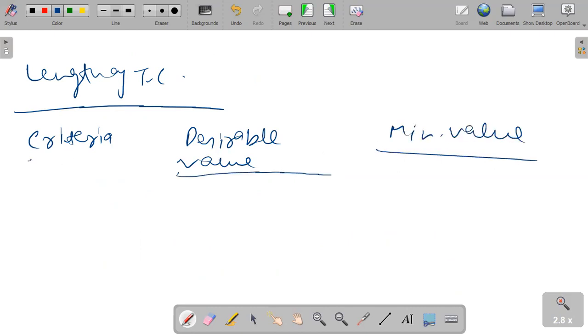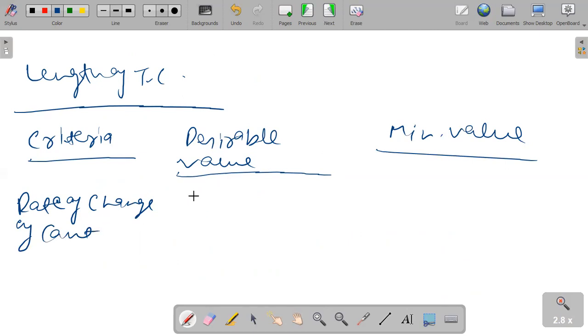Our first criteria is rate of change of cant, and its desirable value is Ca into Vm upon 125, and its minimum value is Ca into Vm upon 198.